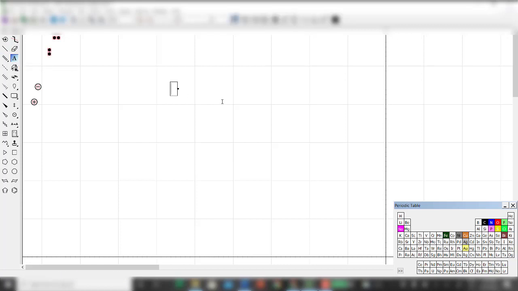Let's say I give you a simple compound, ethane dioic acid, or the common term, oxalic acid. So let's say I use ethane dioic acid as an example.